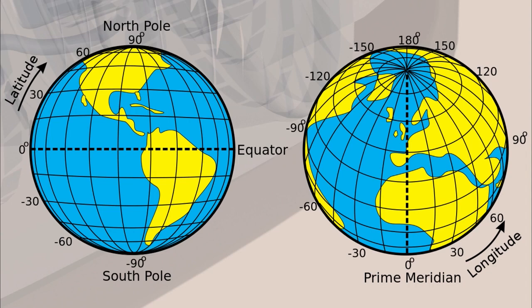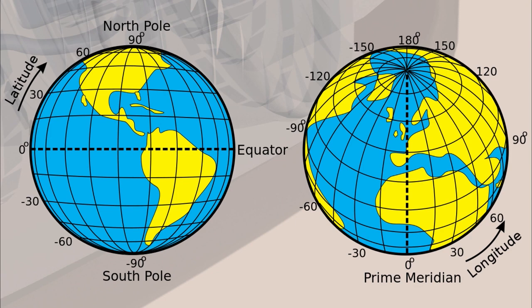When we were talking in a previous video, earlier lesson, we were talking about Zulu time, and the prime meridian is the line of longitude that runs through Greenwich, England, which is where the world clock is and where Zulu time starts and ends every day. So that is the significance of the prime meridian.